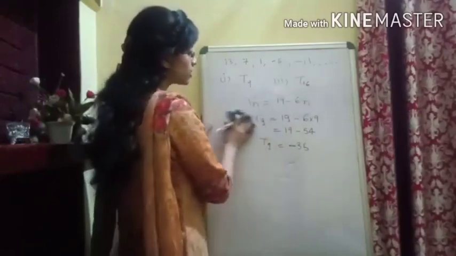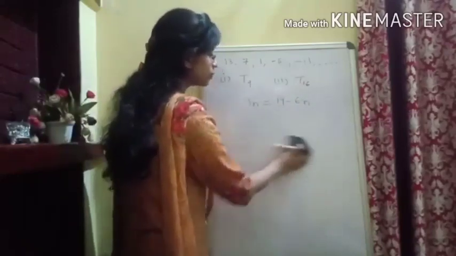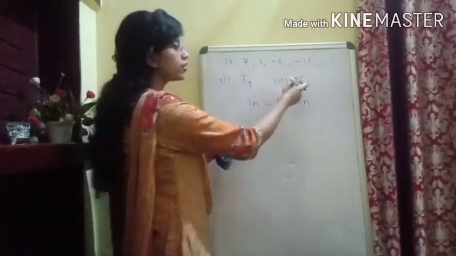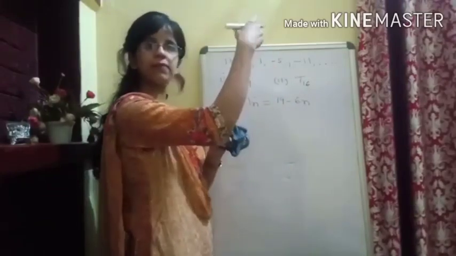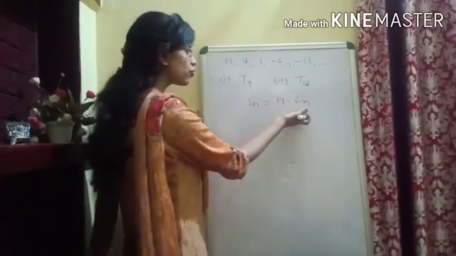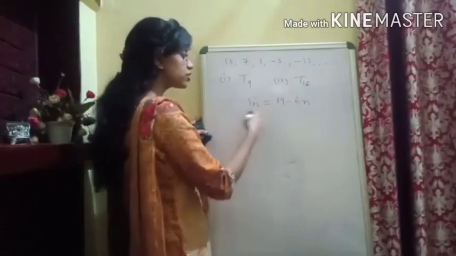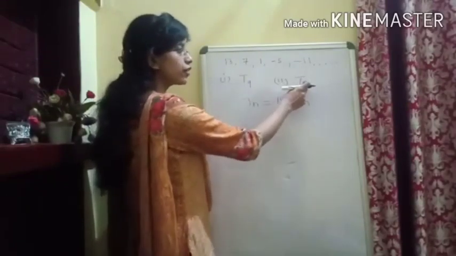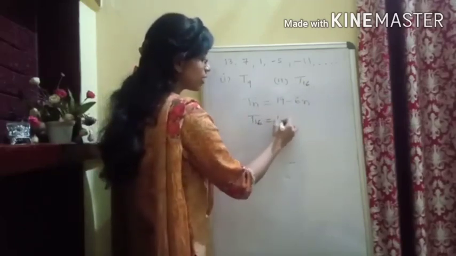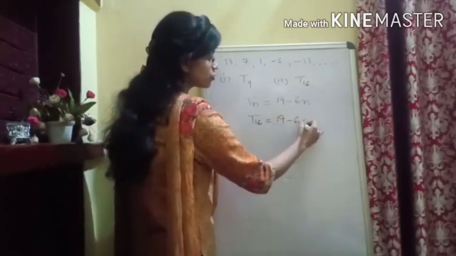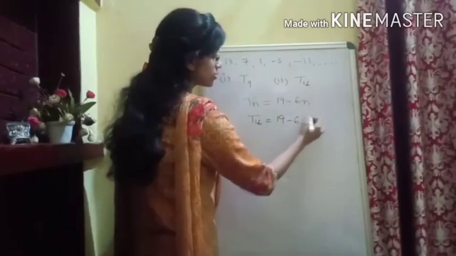Okay. Likewise, we can calculate the 16th term. You can calculate the 16th term by the very method we have learned, that T16 equals a plus n minus 1 into d. Otherwise, since we know the general term, just put the values of n. What is the value of n here? 16. So it would be T16 equals 19 minus 6 into 16.